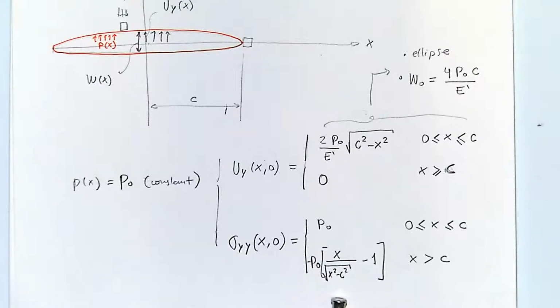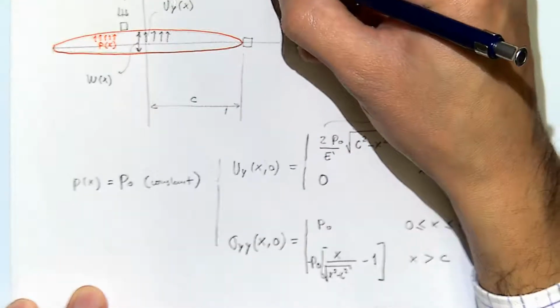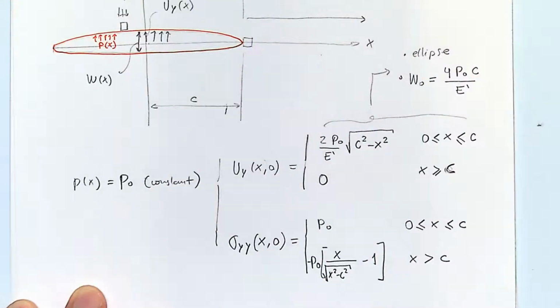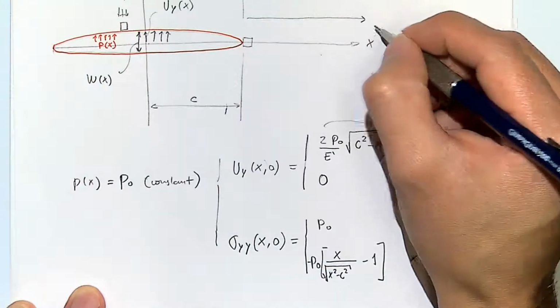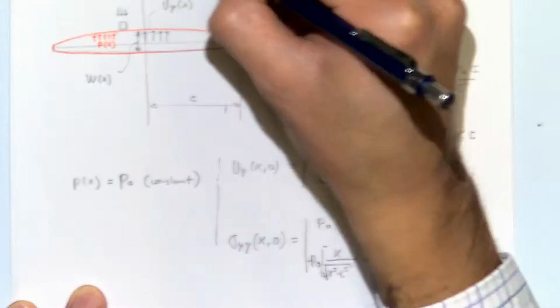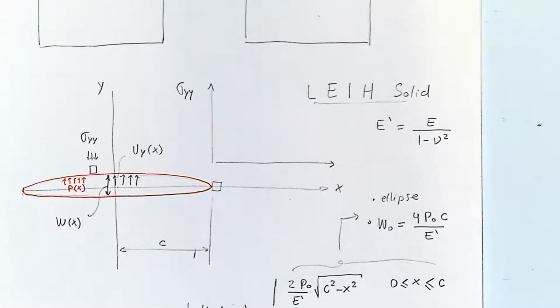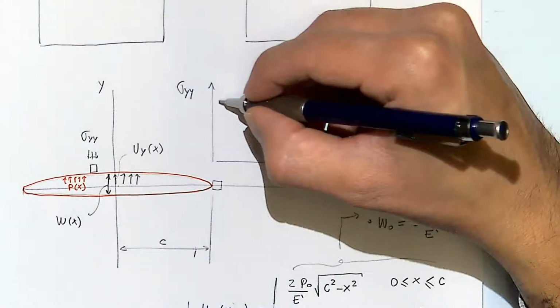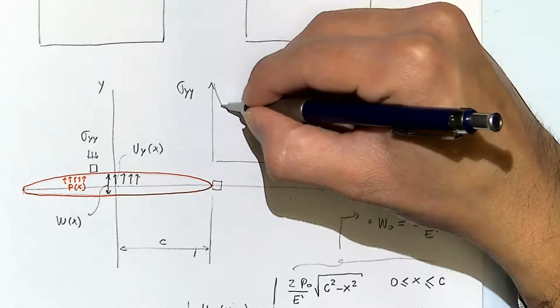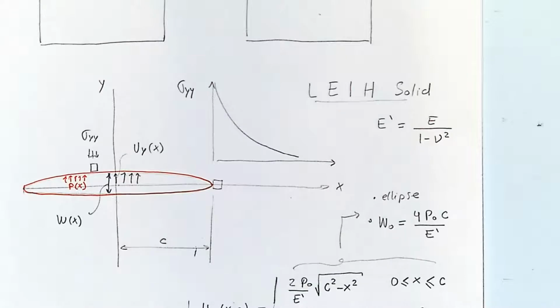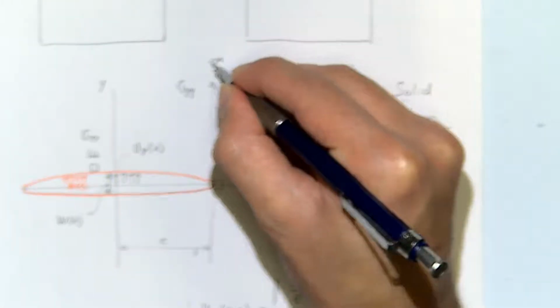That's going to tend to infinity, and that's what the solution says. So if we were to make a plot somewhere over here as a function of x, but for sigma yy, you will see that as you approach the tip, the stress sigma yy tends to infinity.